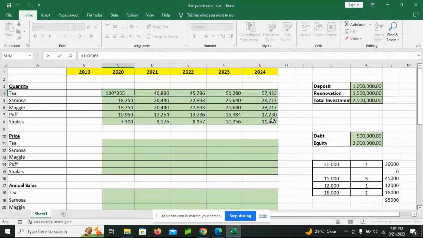No, ma'am, I'm telling that 1% should be added in 2022 also. Yeah, here we are adding. So 2020 also 12%, ma'am. We have just multiplied in the beginning. Yes, 12% should be added here.